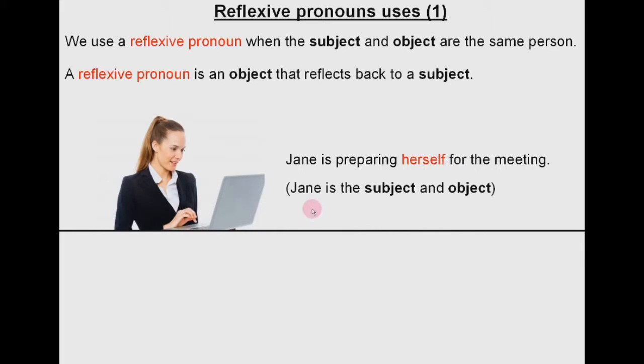As you can see, Jane is the subject of the sentence, and she is also the object of the sentence. So this in fact means Jane is preparing Jane for the meeting. So herself reflects back to the subject. Okay, this is the object, and it reflects back to the subject. It is the same person.